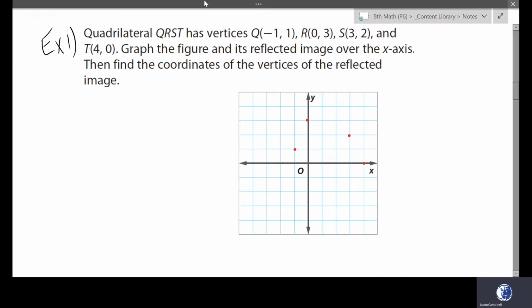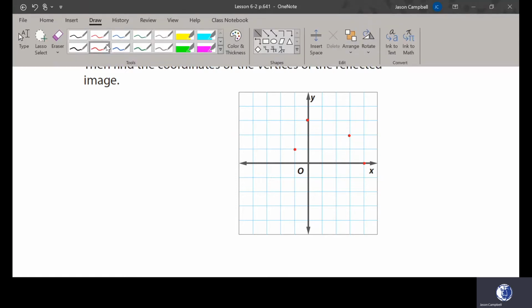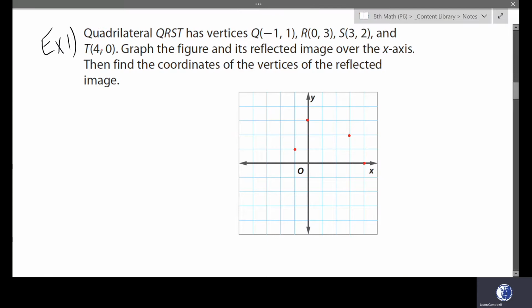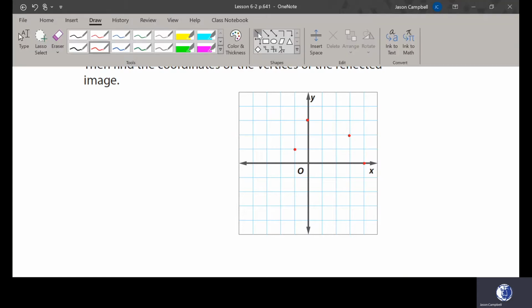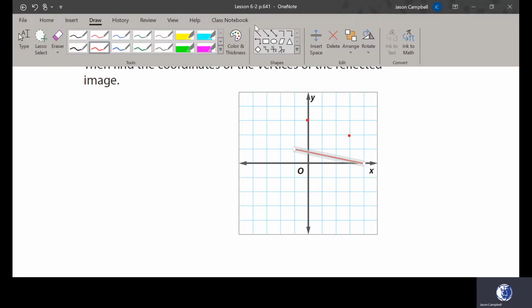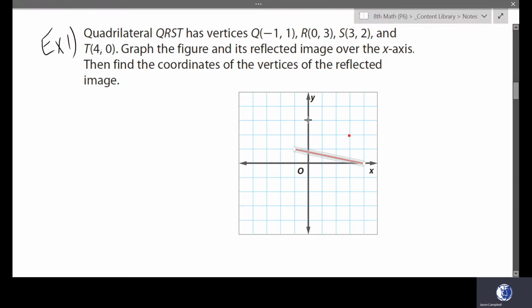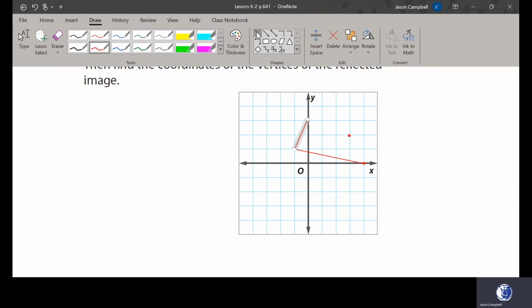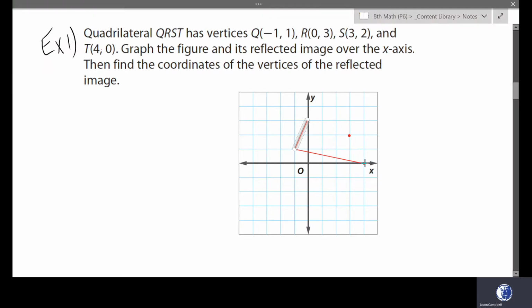So I'm gonna connect these points with lines. One will go from there to there. Another one from here to here. From here to here.